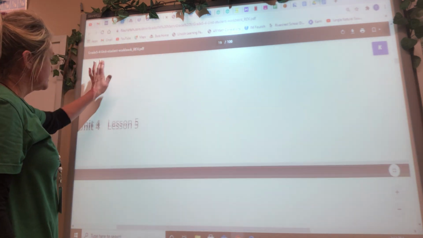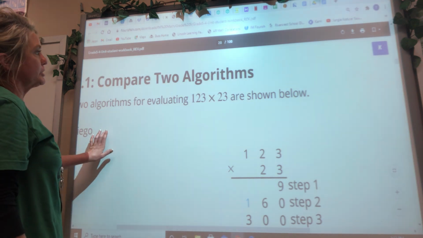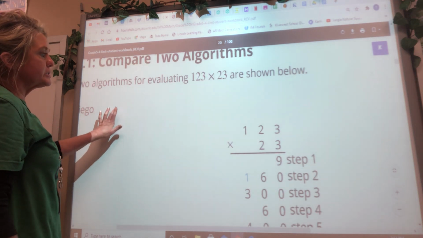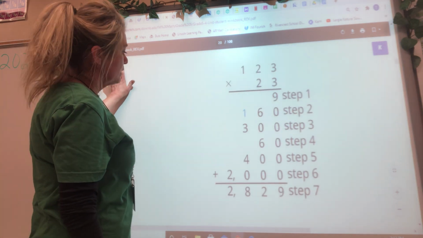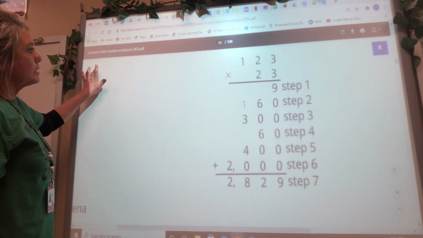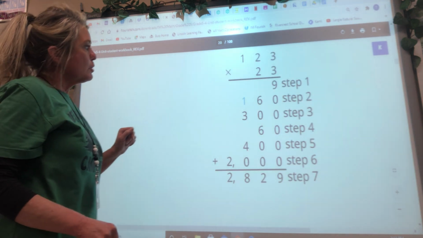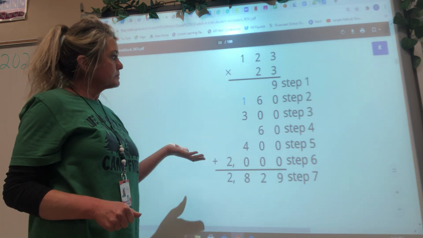Okay, and when we move on to the next page, it wants us to compare two different algorithms. Algorithms is just a process that you use to get your answer. In this one, Diego worked this like, remember Andre and Claire's method?